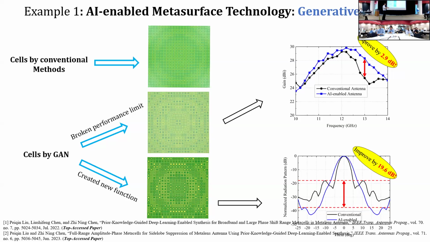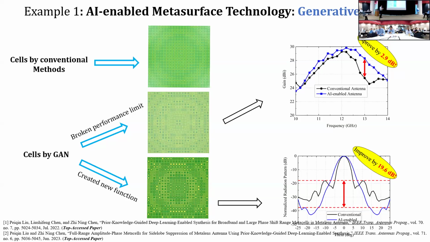This blue one is the gain of the AI-enabled design. Also the 1 dB bandwidth is widened by 50%. This is really breaking the ceiling of the performance of existing designs. Okay, so the first one is that we broke the performance limit.